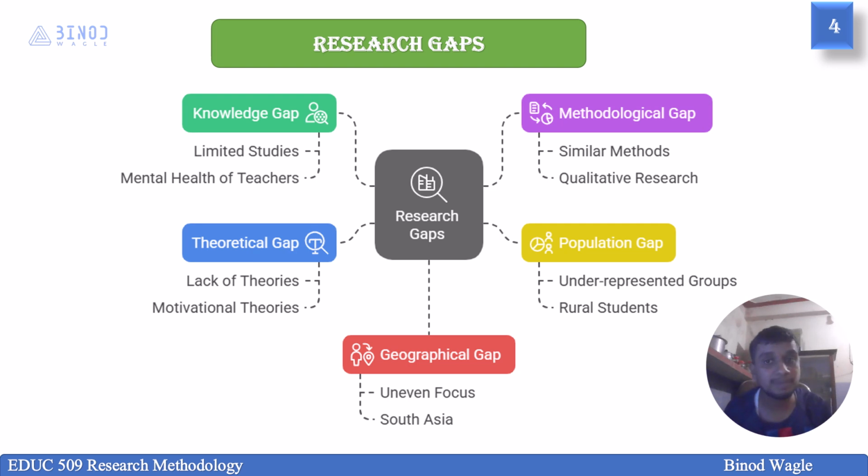Identifying a research gap helps to justify the need for the study. I have included here some kinds of research gaps. I have included only five kinds of research gaps.